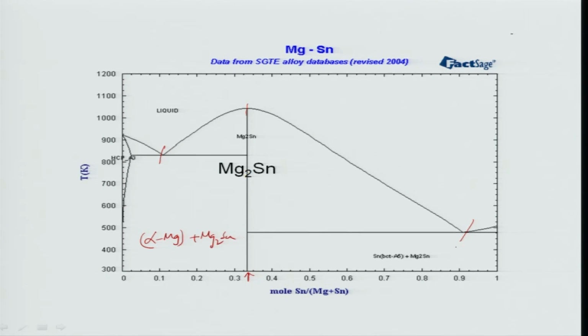On the other hand, here you can see it is Mg2Sn plus the tin phase. So Mg2Sn plus beta tin is the eutectic. Very simple phase diagram, the only difference is that there is an intermediate phase at the center, at almost 33% of tin.